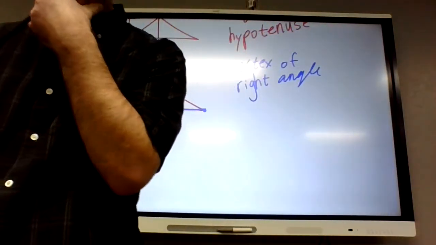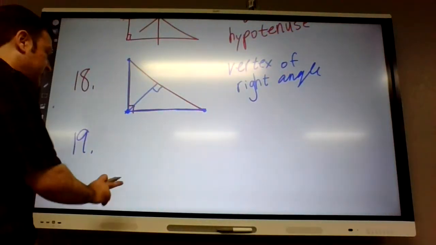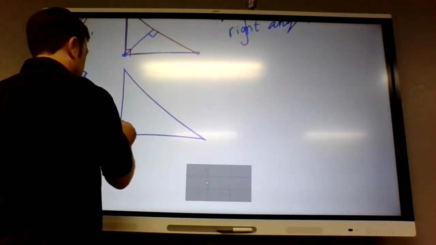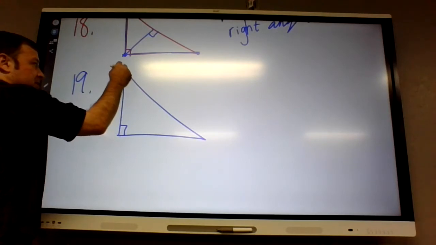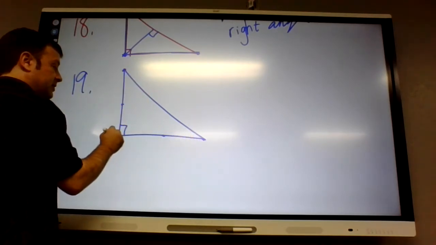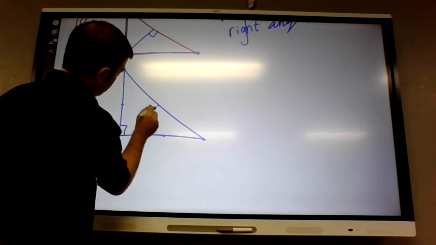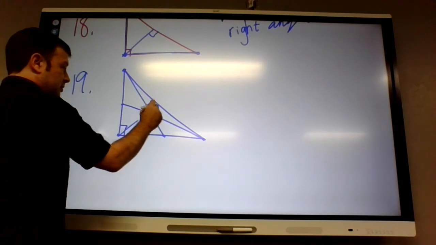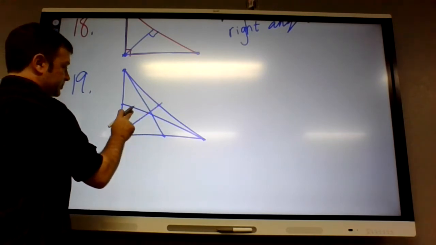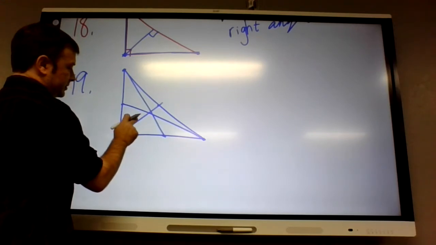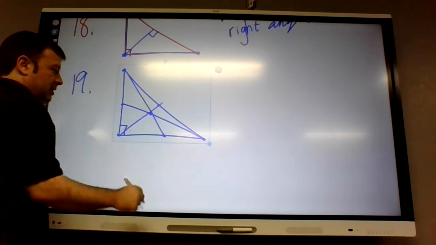19. Centroid. What kind of lines make the centroid? Median. So it goes from vertex to the middle, vertex to the middle, vertex to the middle. Kind of missed. Oh well. Too late. Where do they meet at?